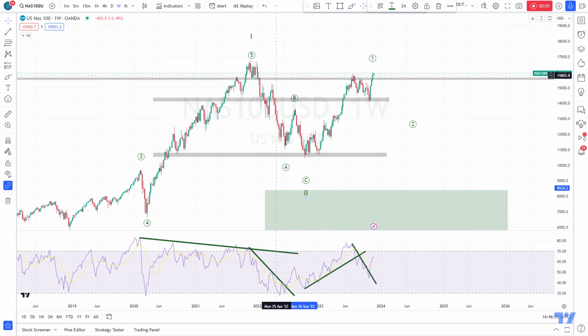Therefore the regular flat structure, the bearish regular flat structure here in the weekly, is less likely to play out. I would say this here is no longer 3 waves, or I believe it's very hard to interpret this as 3 waves up, as a corrective wave up.